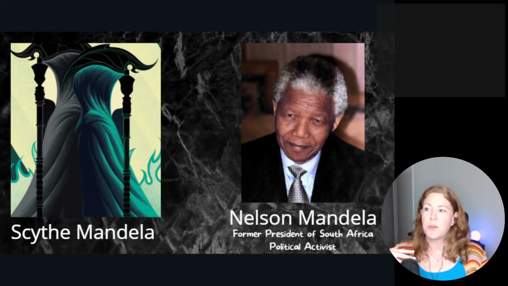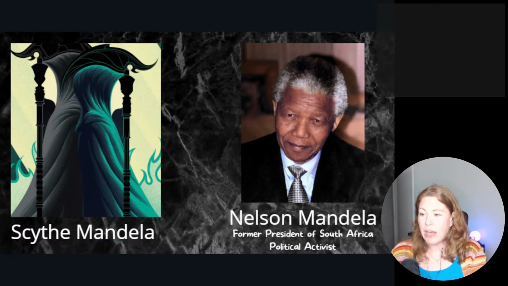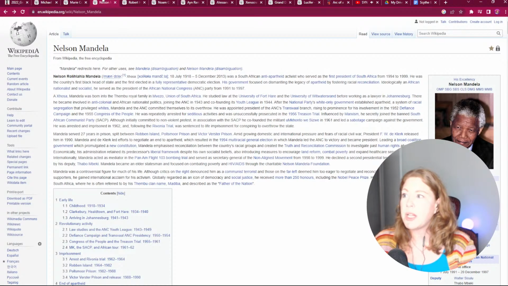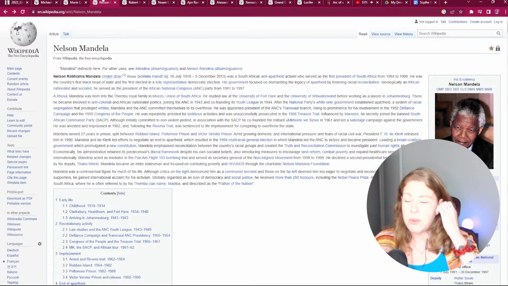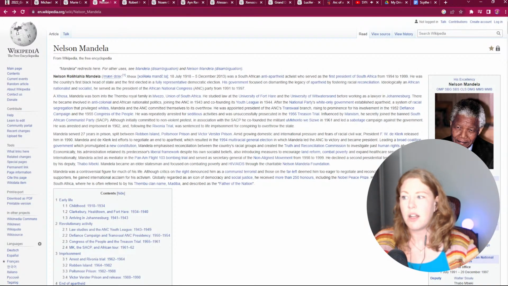But anyway, Scythe Mandela's patron historic is Nelson Mandela, who is the former president of South Africa and a political activist. So he was a huge political force in Africa, specifically when it comes to the government and what was going on religiously, politically, all that kind of stuff.